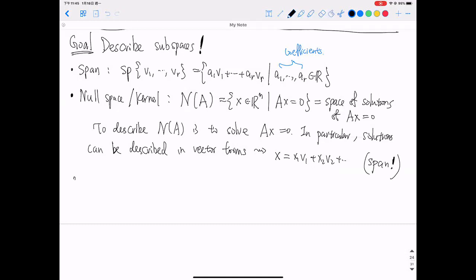Now the next kind of subspace is the range of A. This is the span of the columns, the column space, more or less by definition. So it's yet again a span.